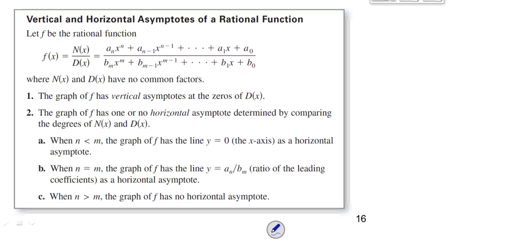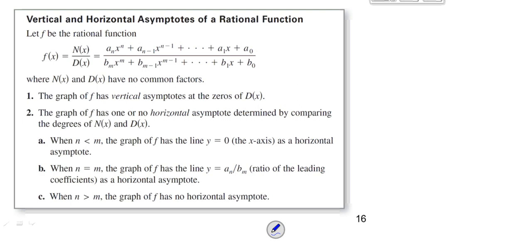So, vertical and horizontal asymptotes of a rational function: let f be the rational function f of x equals n of x over d of x, which equals a sub n x to the n plus a sub n minus 1 x to the n minus 1 plus dot dot dot plus a sub 1 x plus a sub 0, all over d of x, which is b sub m x to the m plus b sub m minus 1 x to the m minus 1 plus dot dot dot plus b sub 1 x plus b sub 0, where n of x and d of x have no common factors.